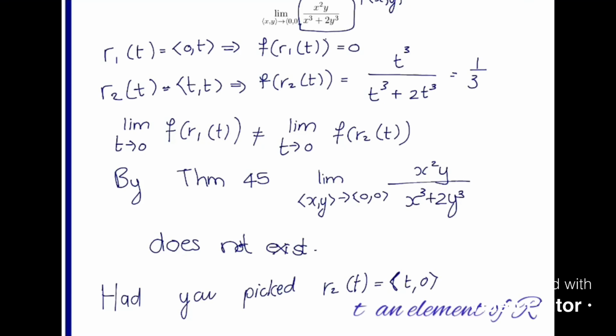That's just a motivation that sometimes different paths might still give you the same answer. But if the question is to prove that the limit does not exist, you actually have to find a path that gives you a different answer than the limit of the previous path.